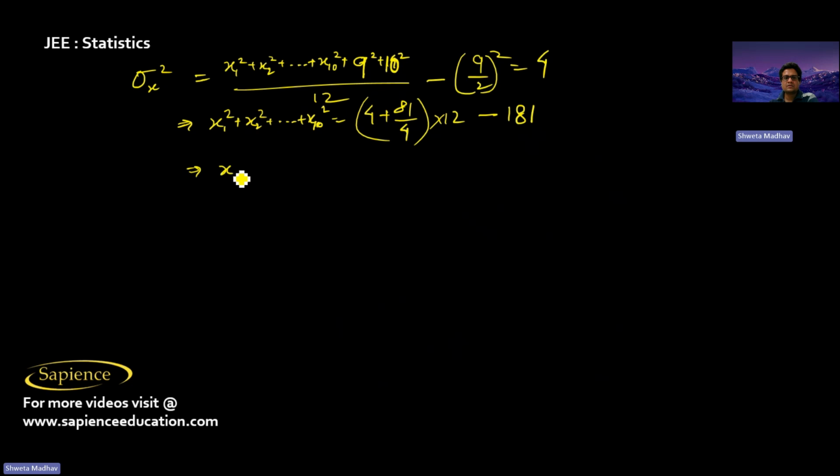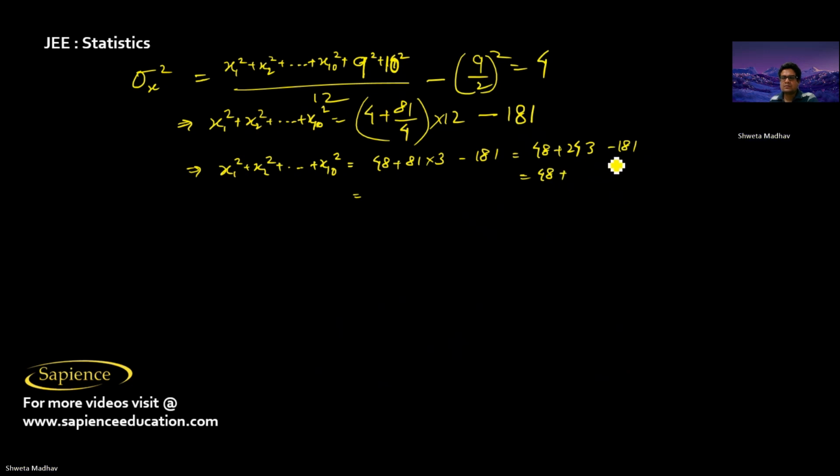It is actually x1 square plus x2 square plus x10 square, that is equal to, 4 plus 81 by 4 is 16 by 4 plus 81 by 4, into 12, minus 181. So this is actually 48 plus 3 1s are 3, 3 8s are 24, minus 181. So this is actually 48 plus 72, minus 181.